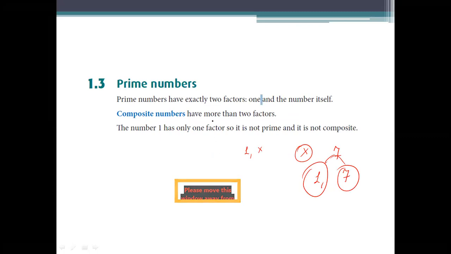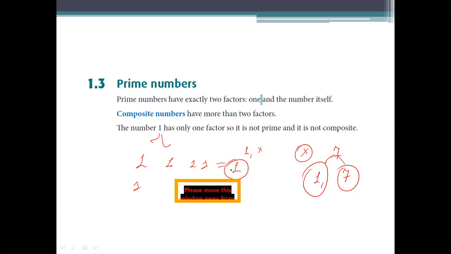Composite numbers have more than 2 factors, karışık sayılar. For example, the number 1 has only 1 factor, so it's not prime and is not composite. 1 times 1 is 1. You can write it several times, but the answer is not changing.